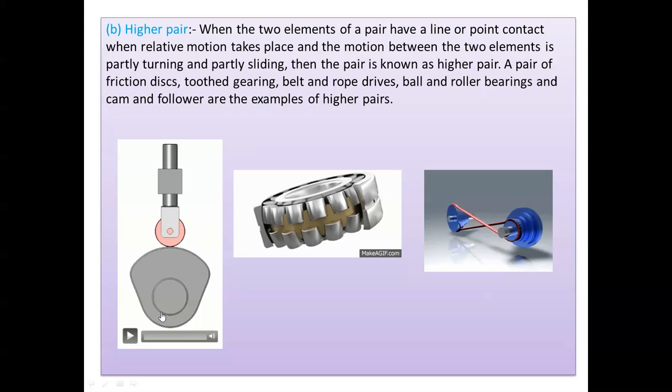As you can see here, cam and follower, here is line or point contact you may say. So when such type of contact is there, then the pair is known as higher pair.